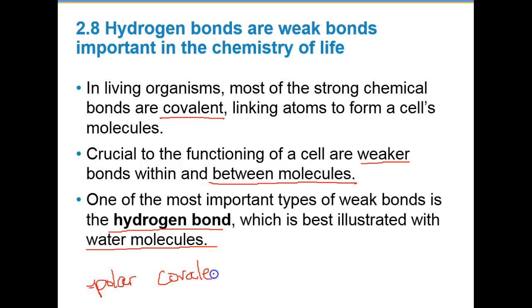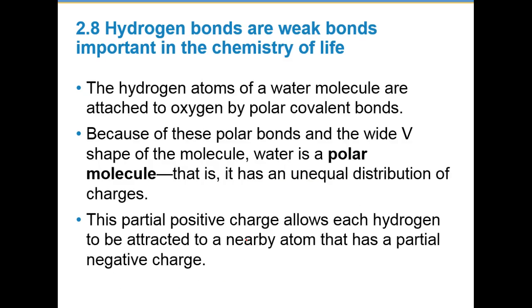Meaning they're going to make two poles, two different sides. Okay, so there's a lot of words here, but remember it's a polar molecule. So unequal distribution of charges, which just means unequal sharing. Because the oxygen, because it's pretty, is taking more than its fair share of electrons than that hydrogen.